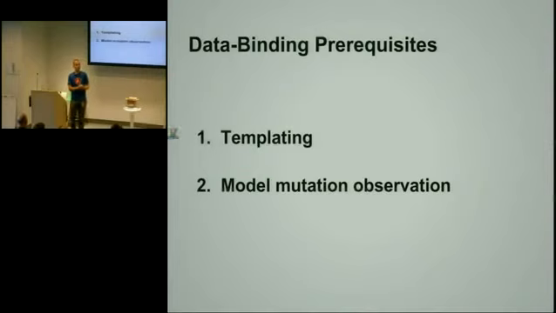Model mutation observation is how do you figure out that a model changed, and how do you react to this change to update the view? So these are the minimal requirements you need to implement data binding. And I'm going to talk about how we did this in Angular. Let's start with templating first.